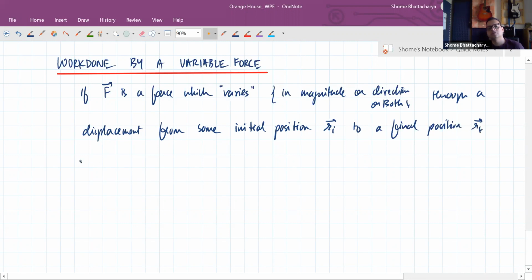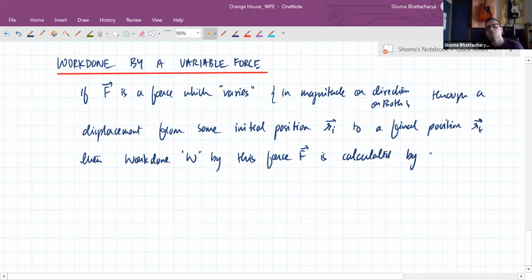Okay. Then the work done by this force is calculated by a process called path integration. So let us understand what this process is.